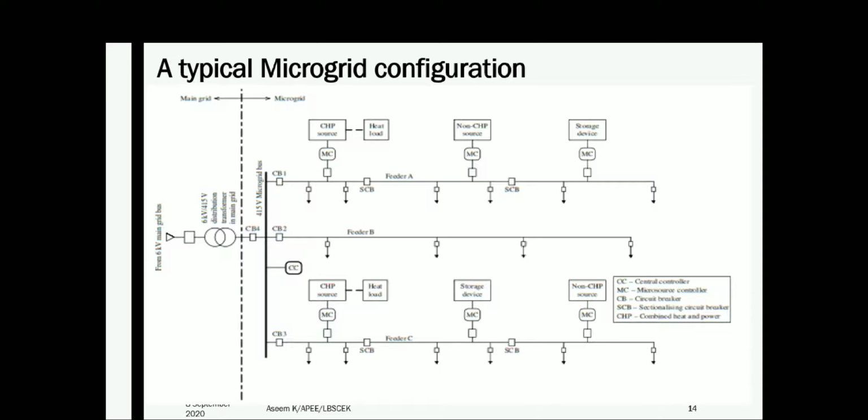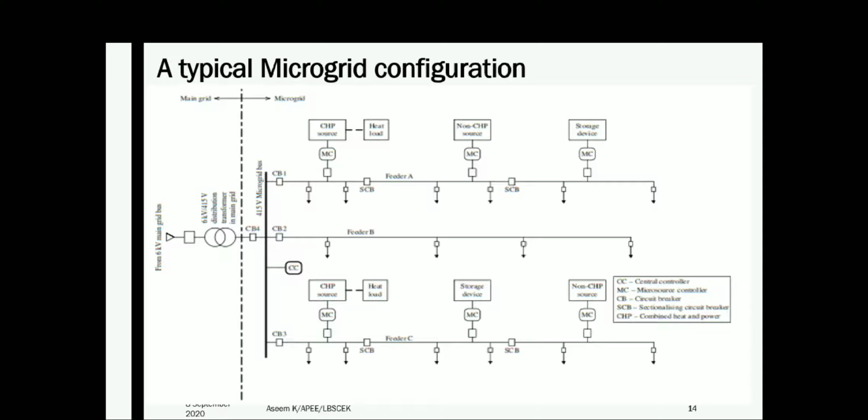Feeder A is connected to the microgrid through circuit breaker CB1, feeder B is connected through CB2, and feeder C is connected through CB3. The micro sources on feeders A and C are placed quite apart from the microgrid bus to ensure reduction in line loss, good voltage profile and optimal use of waste heat.